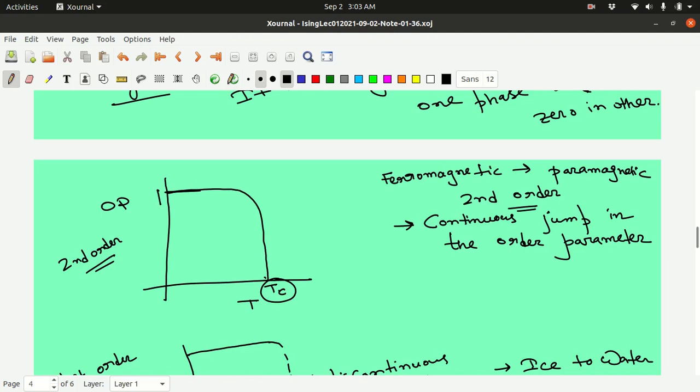So the order parameter characterizes the phase transition, and it shows that a phase transition is actually going on, and it classifies the transition at this point.